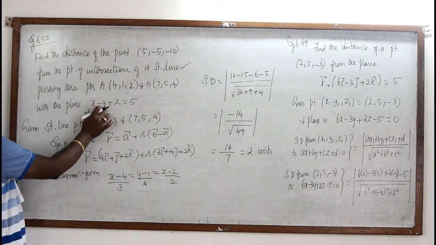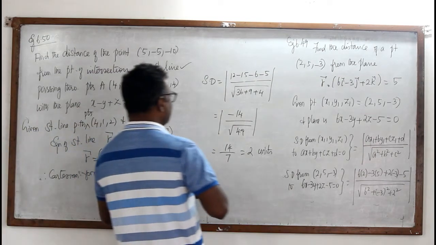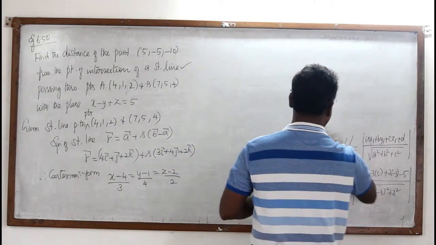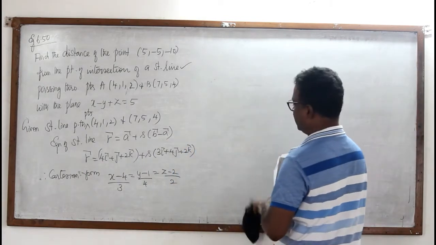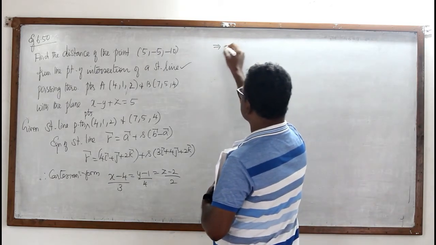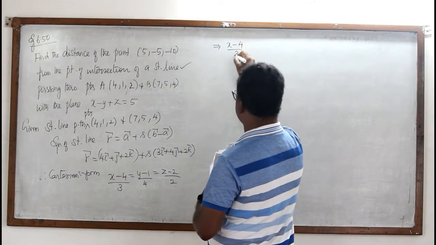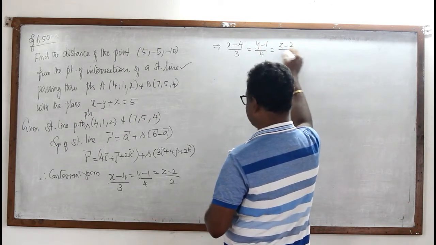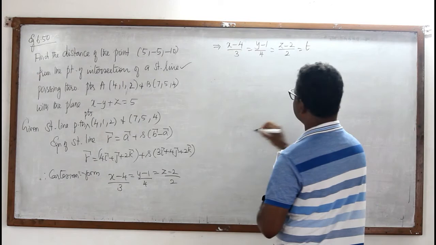This line meets the plane at a point, isn't it? So, let me have a point on the line. So x minus 4 by 3 equal to y minus 1 by 4 equal to z minus 2 by 2 equal to some t.